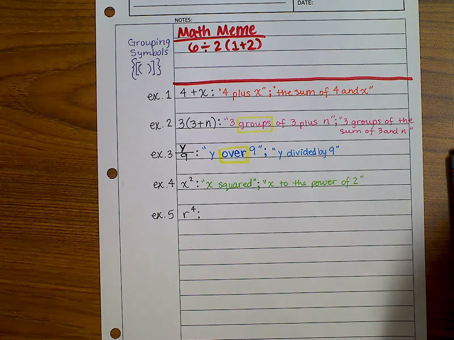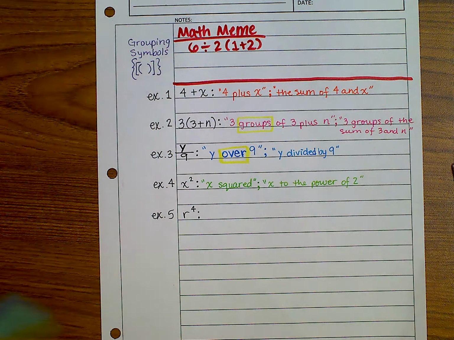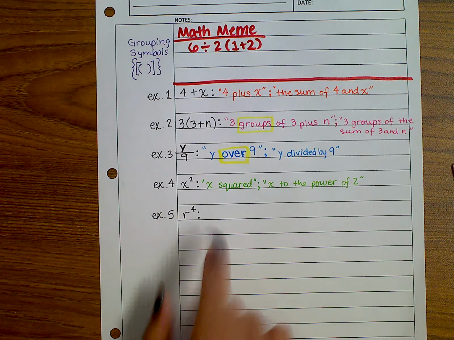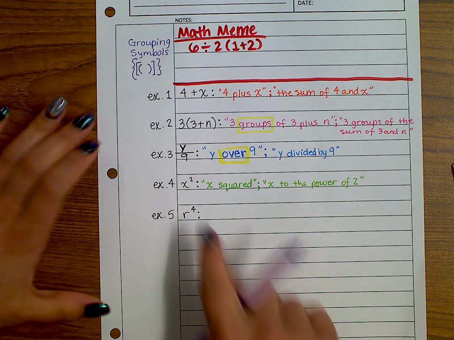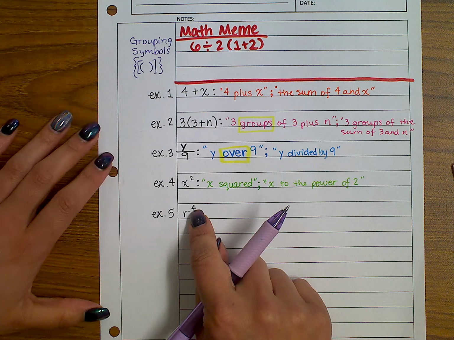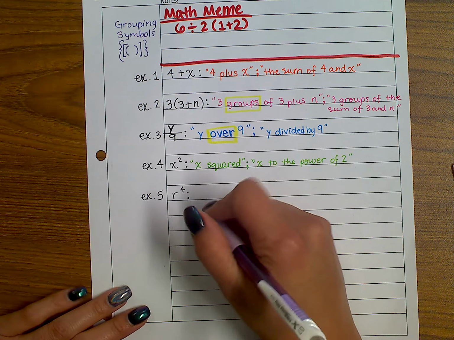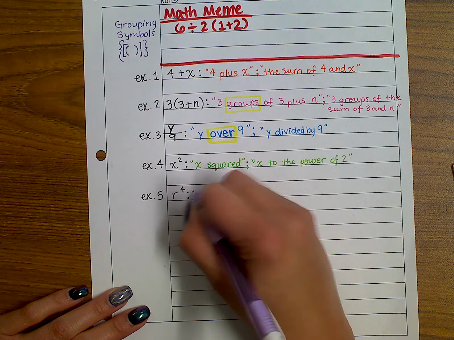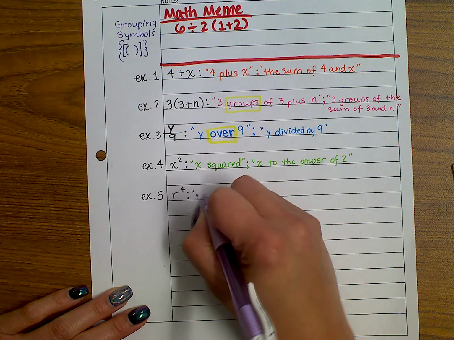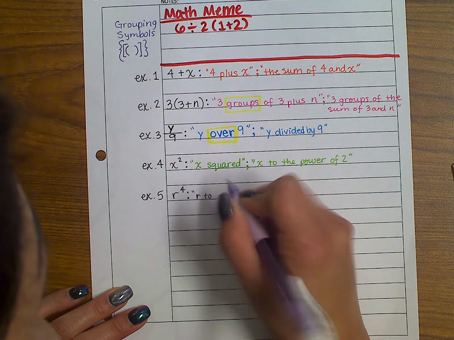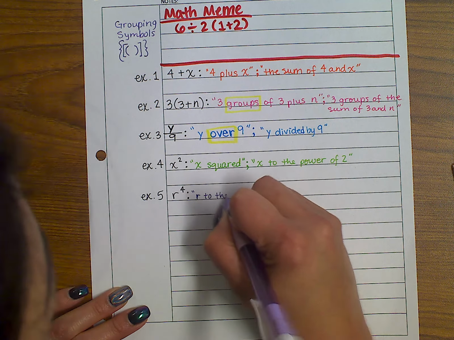This one kind of gave you guys a little bit of trouble. Somewhere through the day, somebody said that this was r cubed. Remember, cubed is whenever the exponent is a 3. This one, it's different. It's a 4. So we could say, last period you guys gave me r to the 4th power.